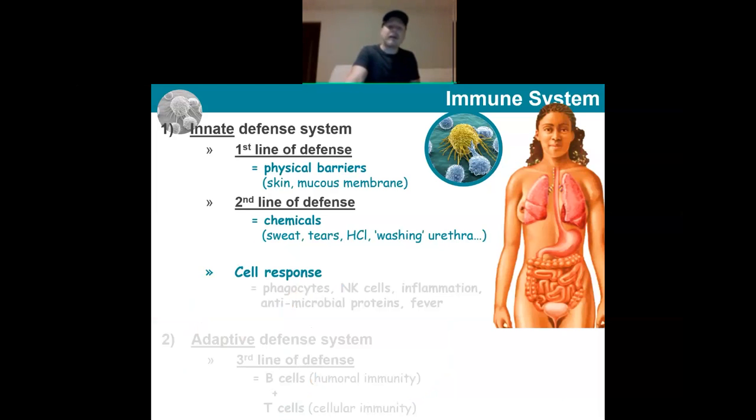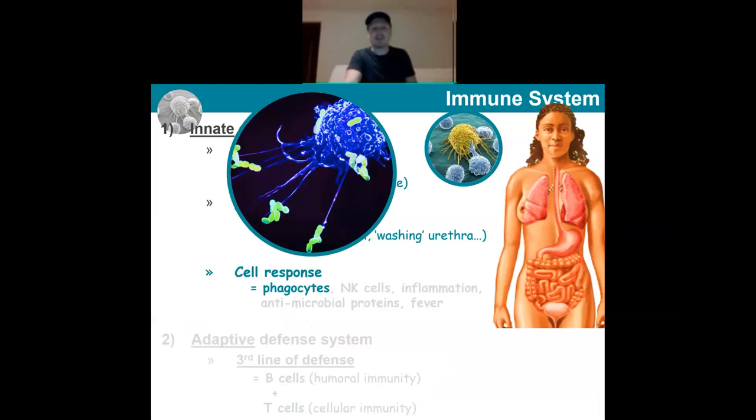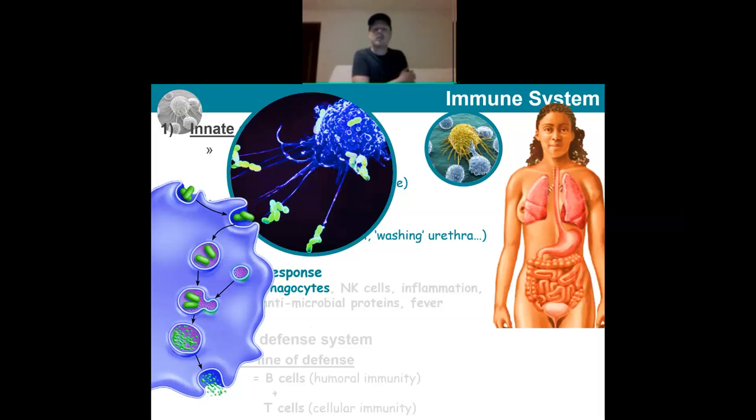We can also have cell responses. And these cell responses can include, for example, phagocytes, which are special cells that are adapted to eat pathogens that come into our body. So basically what they do, they take in the pathogen into the phagocyte.